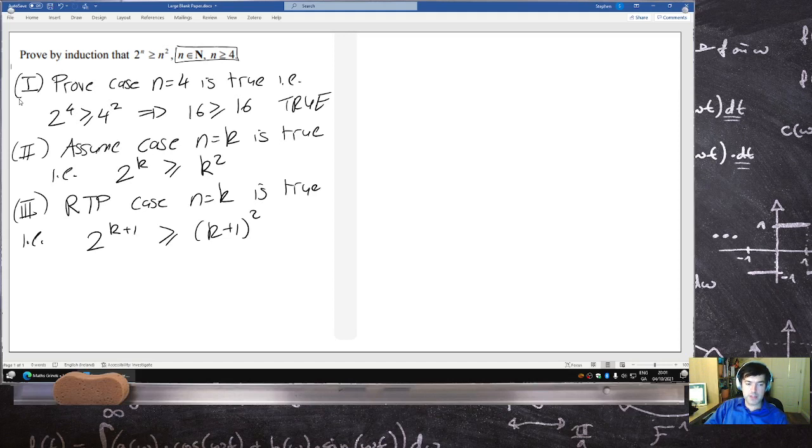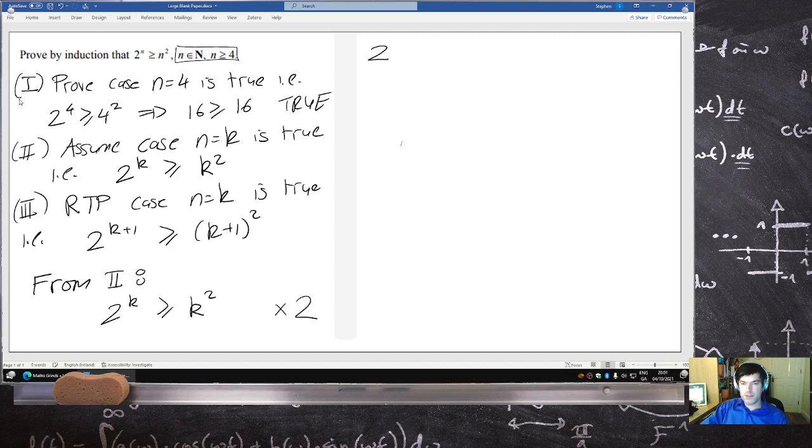So the way you do this is you start from 2. For these inequality proofs by induction, you start with the bigger side here, the 2 power k, and you wonder what you would have to do to get this 2 power k to become 2 power k plus 1. That is, you multiply it by 2.